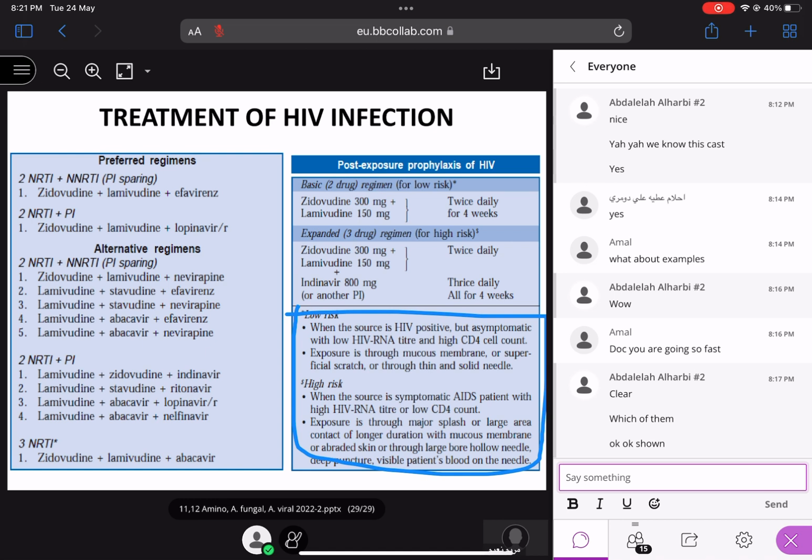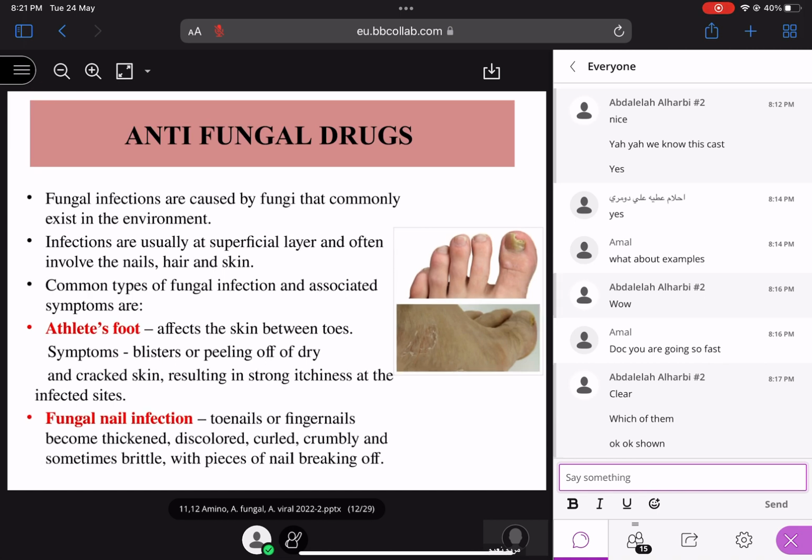Okay. So this is related to the antiviral agents, and with this lecture, you have the antifungal agents also. That is of, I think, one or two. Related to antifungal drugs, you should know what the common types of fungal infections are.